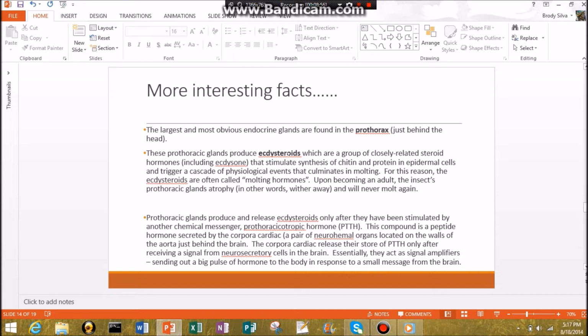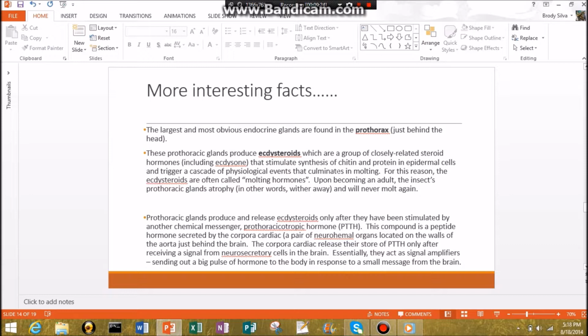They stimulate the synthesis of chitin and protein in epidermal cells and trigger a cascade of physiological acts that culminates in molting. Essentially, these are the type of hormones that signal the production of the exoskeleton for molting. For this reason, they're often called molting hormones.